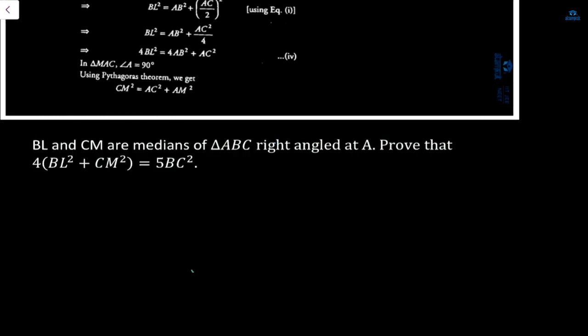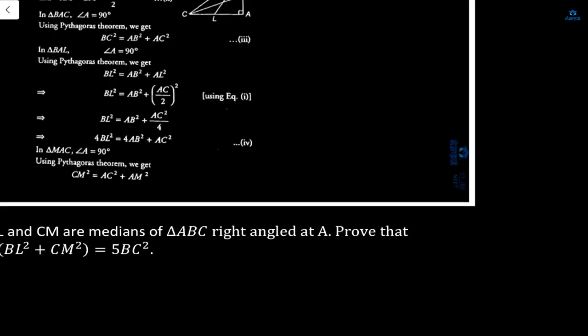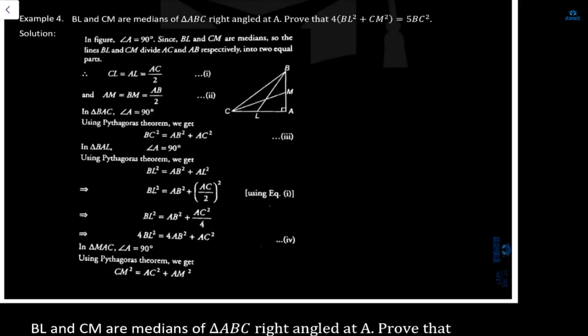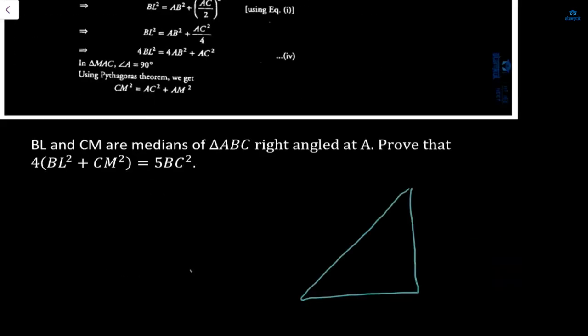BL and CM are medians of triangle ABC. First of all, we are going to draw the triangle ABC, with right angle at A, and two medians, BL and CM.